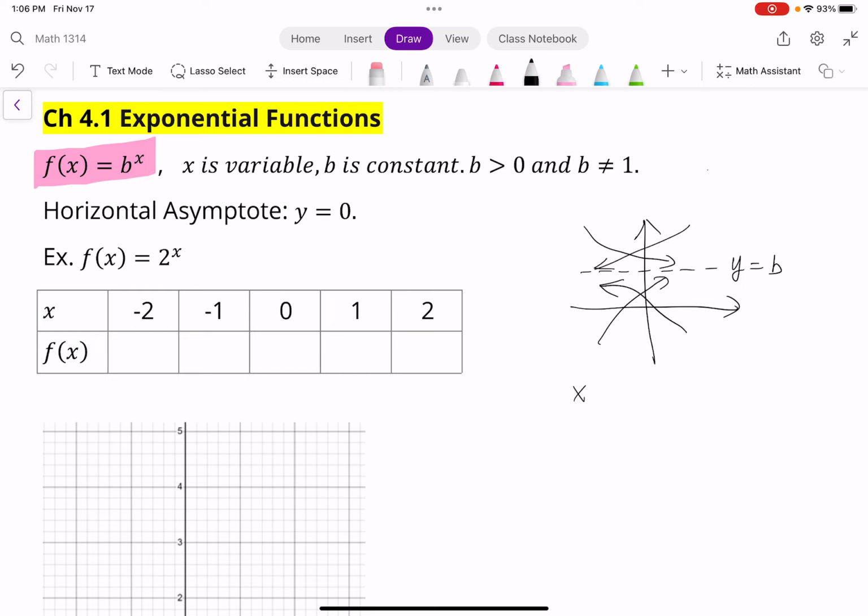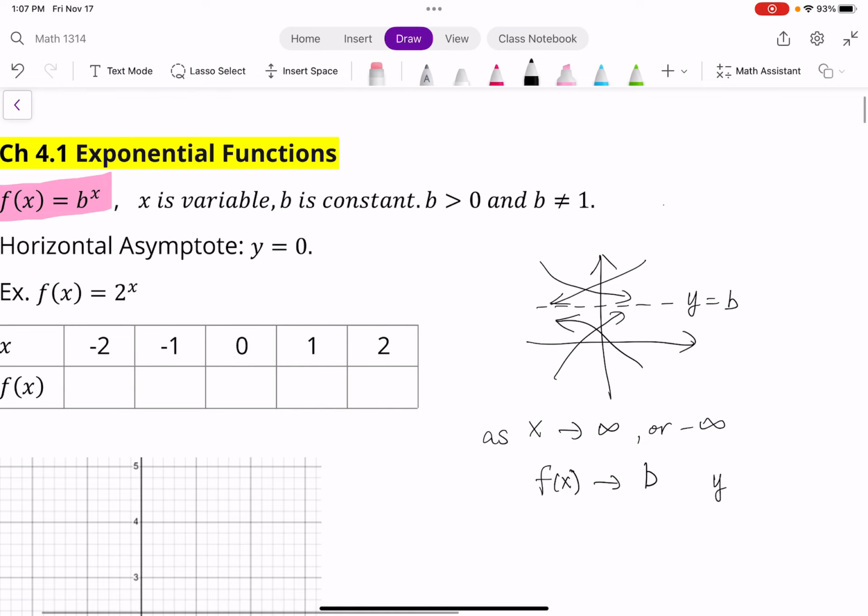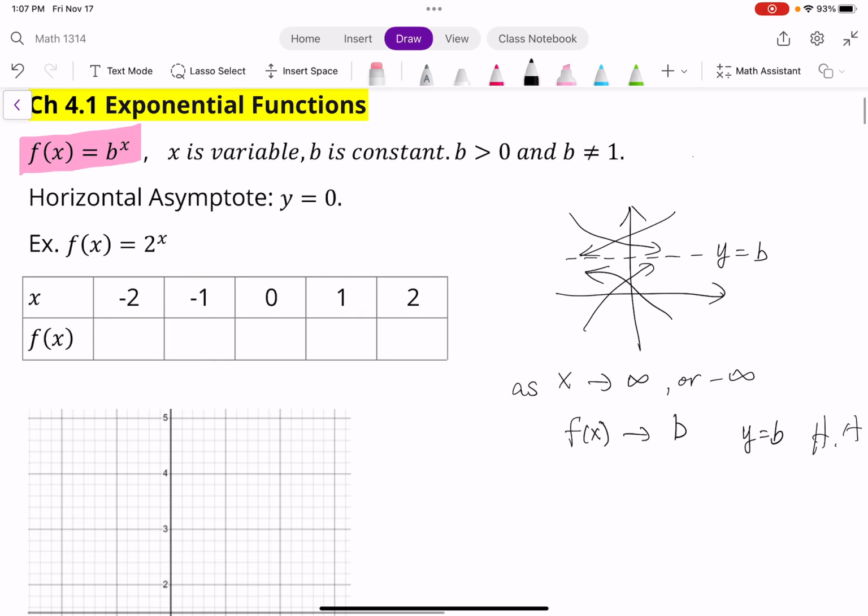That means as my x approaches positive infinity or negative infinity, my y value approaches a special number, for example, b. So y equals b is my horizontal asymptote. This is a review.